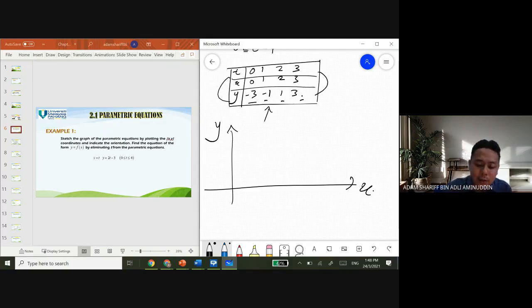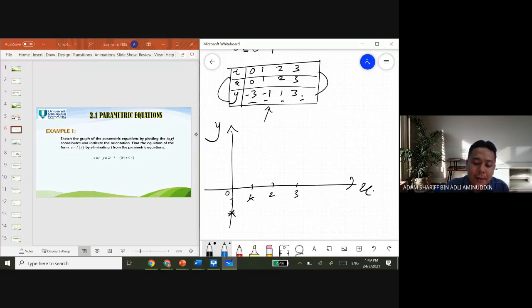Ini sangat senang lah, kosong tolak 3. Okay, kosong tolak 3. Sekejap. Kosong tolak 3. Sinilah katakan. 1 negative 1. Sini katakan. 1, 2. Apa ni? 2. 1, 2, 3. 1 is negative 1.